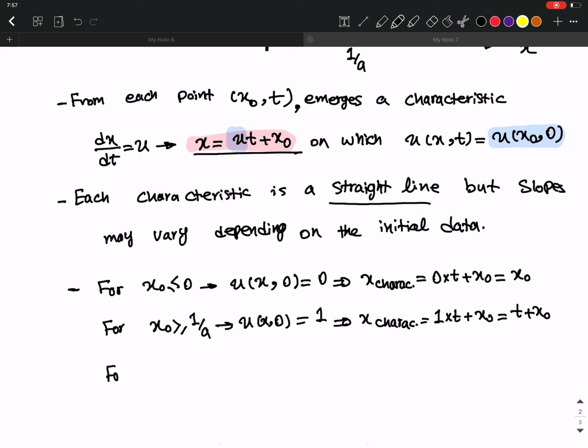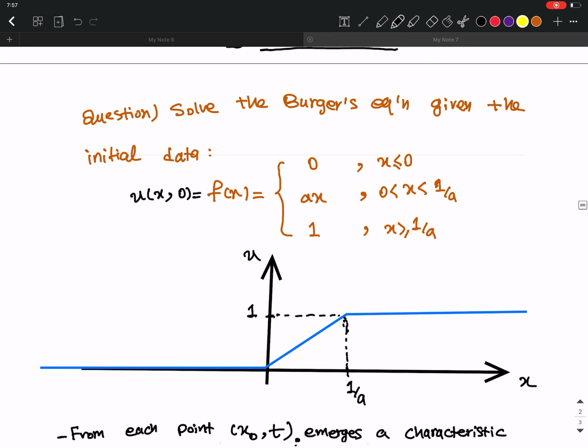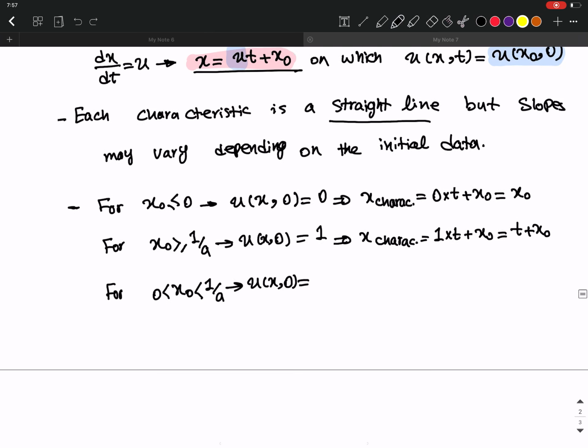And in between, when x0 is between 0 and 1 over a, u at x and 0 is going to be ax, right?